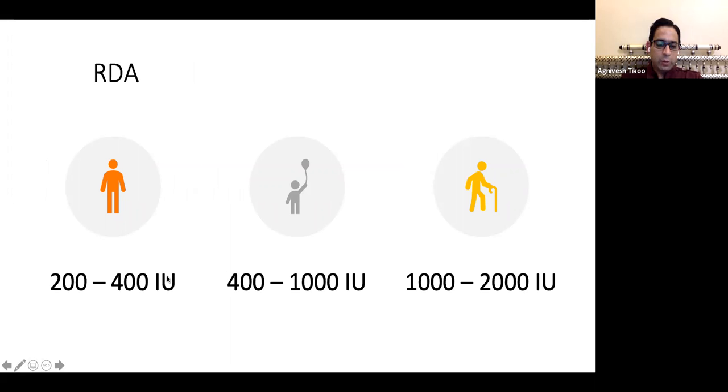Vitamin D, the daily requirement is 200 to 400 international units. In children it is more, 400 to 1000, and in the elderly population it is 1000 to 2000 international units per day.